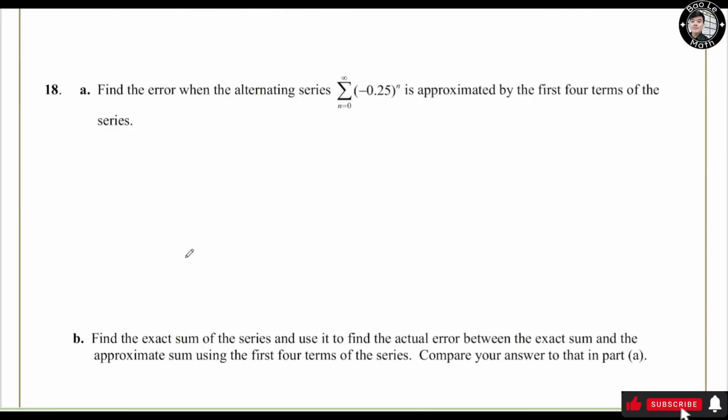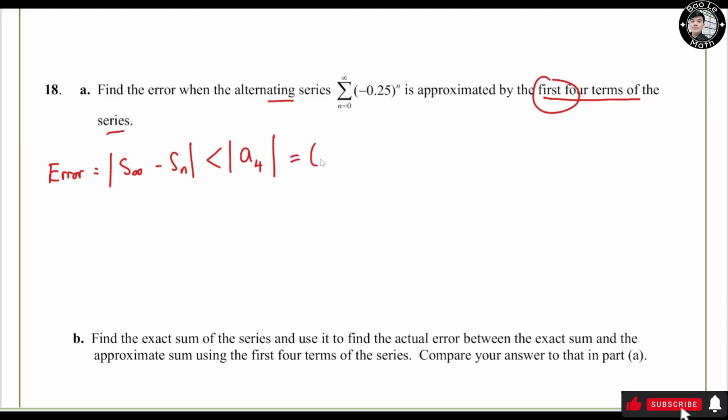Now, question 18. Find the error when the alternating series is approximated by the first 4 terms of the series, right? So again, we're going to use the alternating series error bound, right? So we have error equals absolute value of s of infinity subtract the partial sum, right? And this guy actually less than absolute value of a sub 4, the first 4 terms.